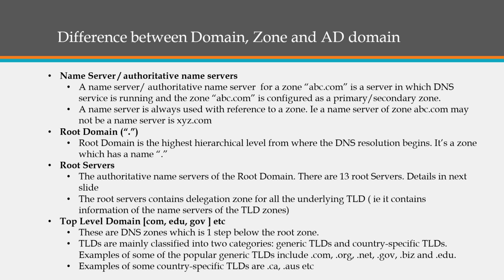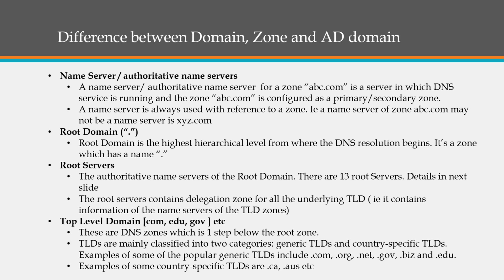But for the time being, just understand that if we say a name server for a particular zone abc.com, it means that it's a server in which DNS is running and we have that zone configured in that particular server. And again, the name server is always used with reference to a zone.